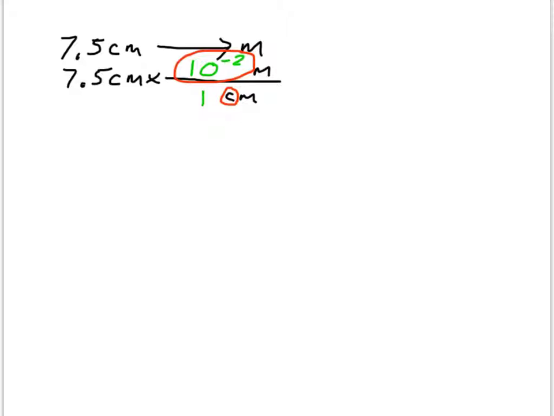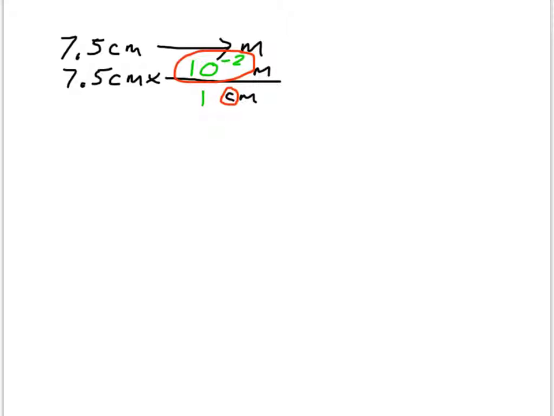So do you notice that it's either centimeter or 10 to the negative 2 meters? This statement in the numerator, 10 to the negative 2 meters, is the exact same as writing centimeters because centi has the same meaning as 10 to the negative 2.